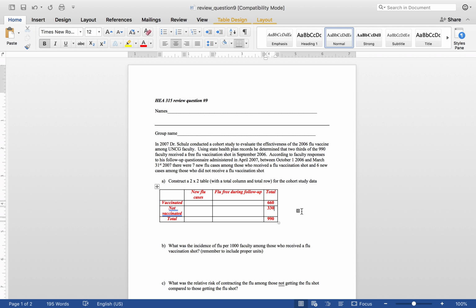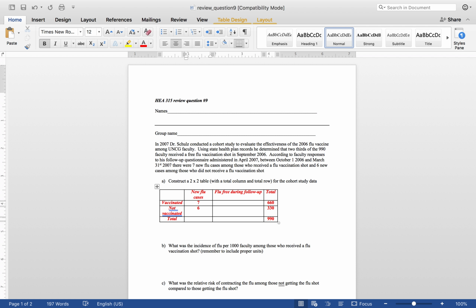So out of these people that received this flu vaccine, there were 7 cases. And 6 new cases among those who did not receive a flu vaccination. So that's going to be these. So 6 people that did not receive a vaccine reported having the flu.